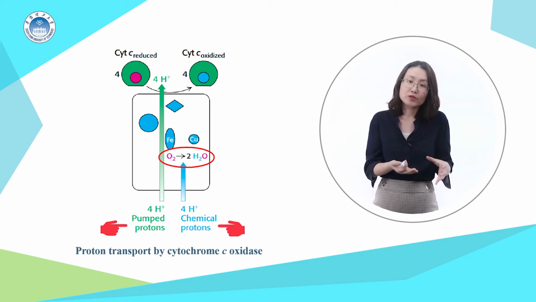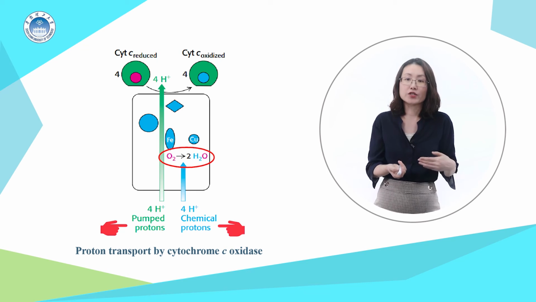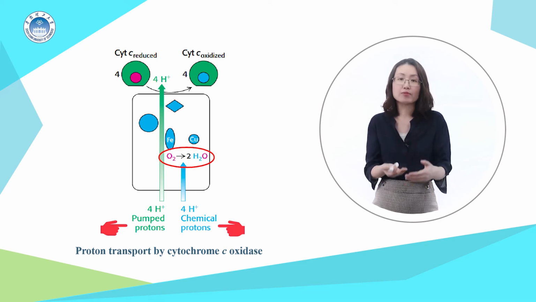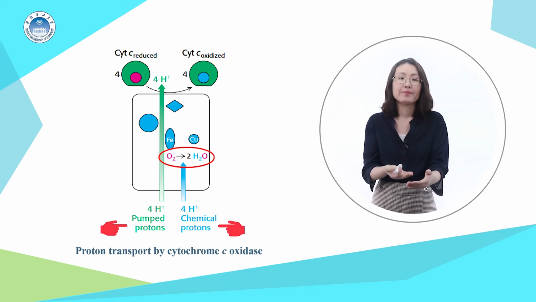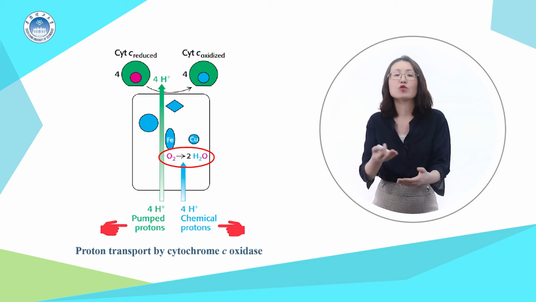The pumped protons double the efficiency of free energy storage in the form of a proton gradient for this final step in the electron transport chain.